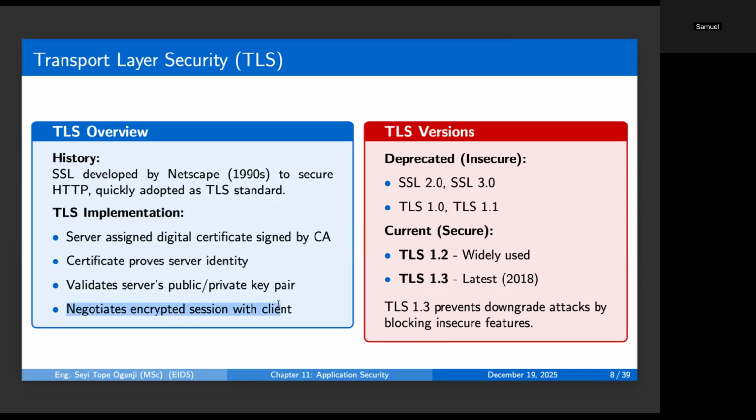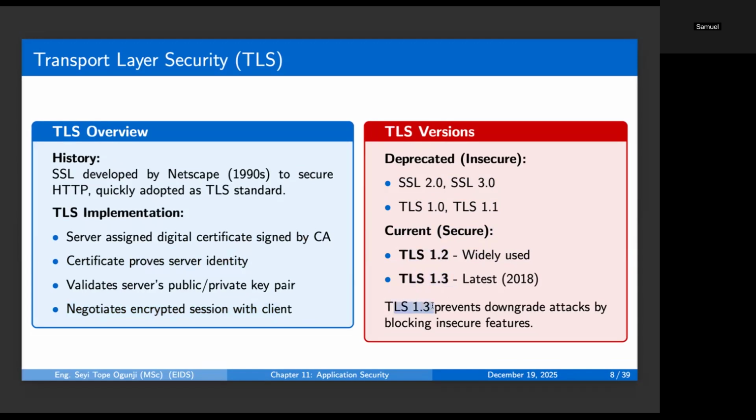Now, we have some versions that are deprecated. That means they are insecure, they're no more in use because of their insecure status. SSL 2.0, SSL 3.0, TLS 1.0, TLS 1.1, these are insecure protocols and they are deprecated. The current secure one, the widely used one, is actually TLS 1.2, but the latest came in 2018, TLS 1.3.